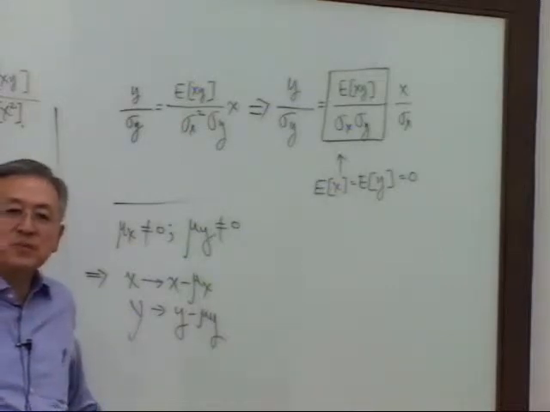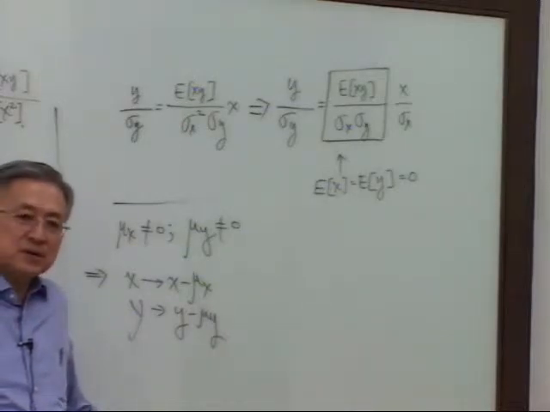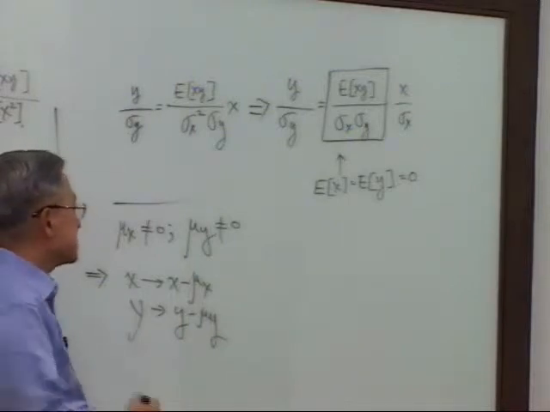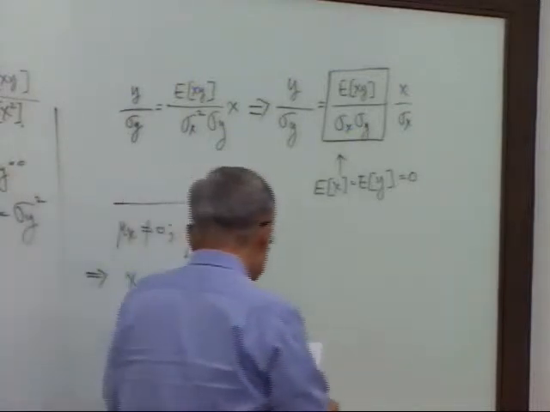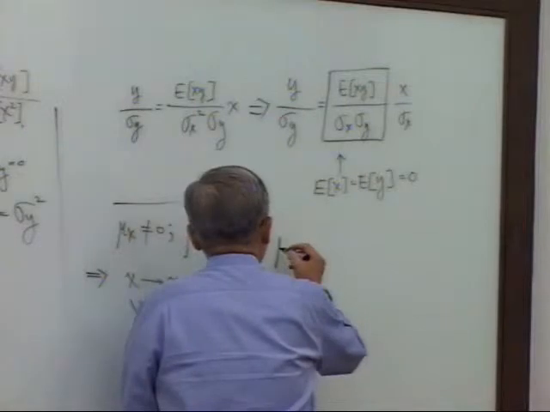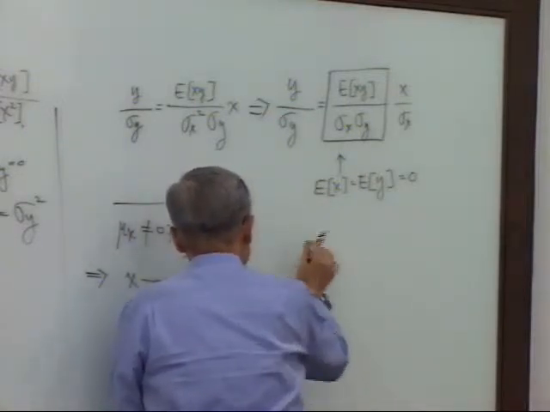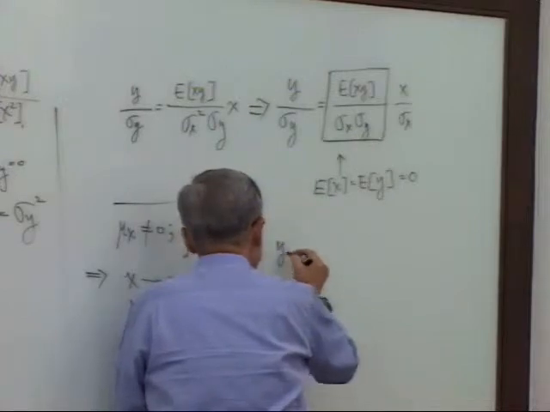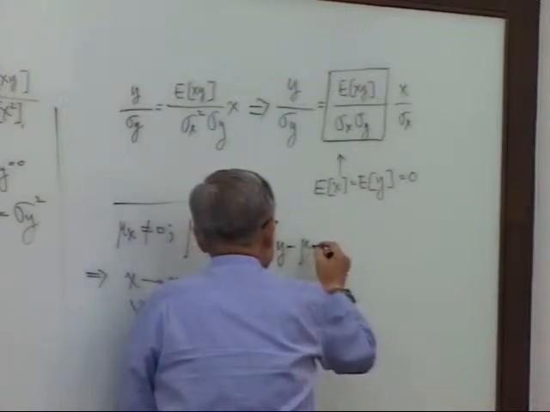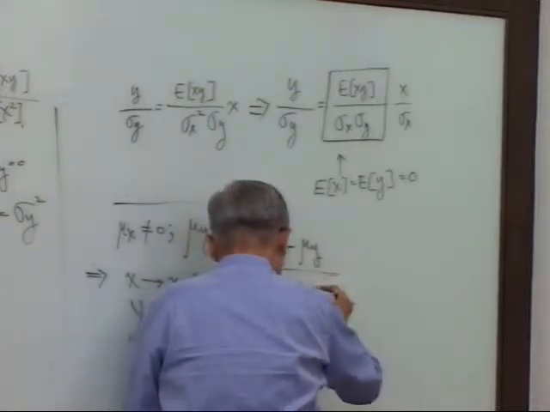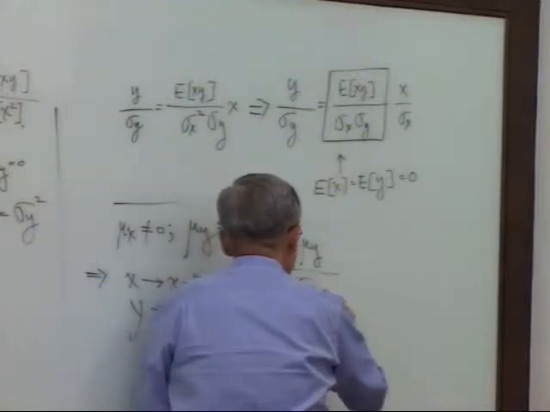You can start from the beginning and get the equation, but this is the easiest way. So if you do that, you have y minus mu y over sigma y.